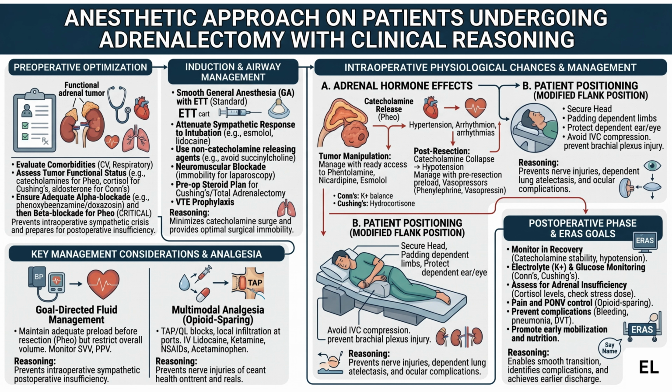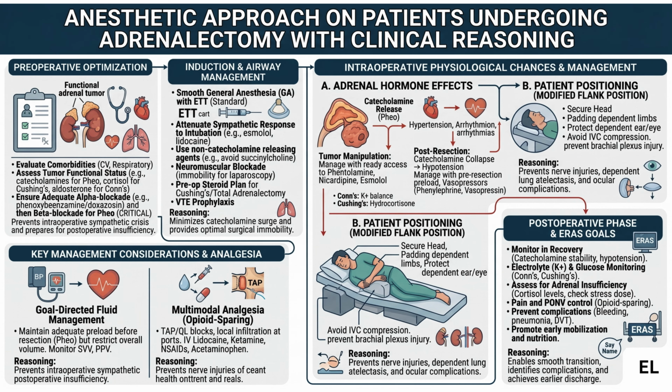The final stage shown in the image is the postoperative phase and ERAS goals. After surgery, patients require close monitoring in the recovery area or intensive care unit, depending on surgical complexity and intraoperative instability. Blood pressure monitoring remains extremely important because patients may continue to experience hypotension after pheochromocytoma resection.